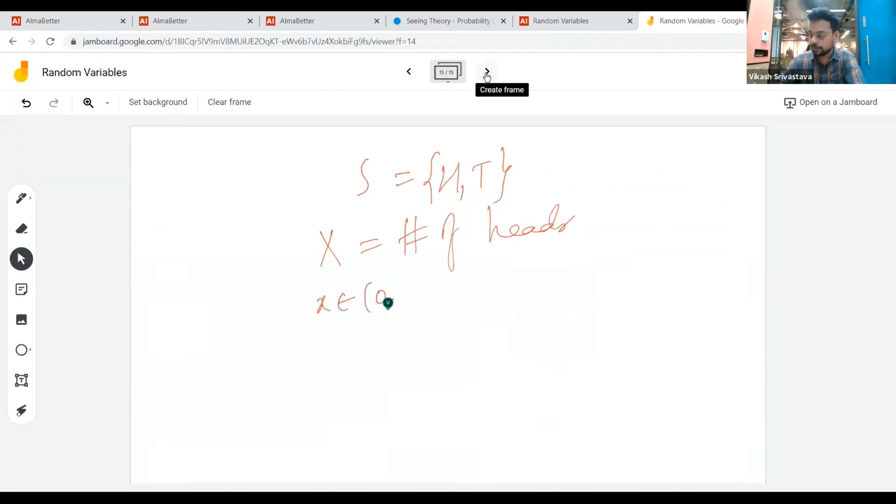So what is the probability of capital X equal to 0, and the probability of capital X equal to 1? Can you tell me what will be the probability of these two?